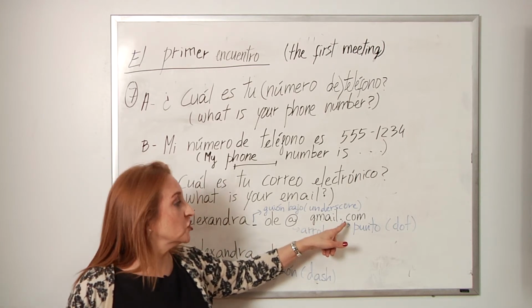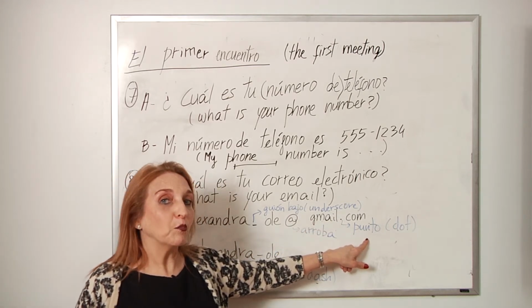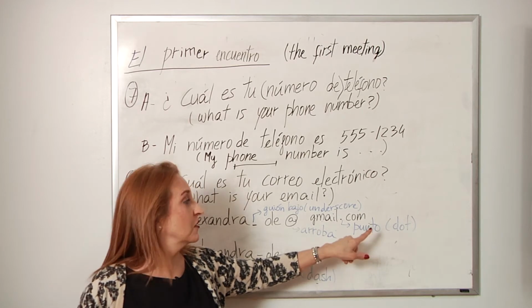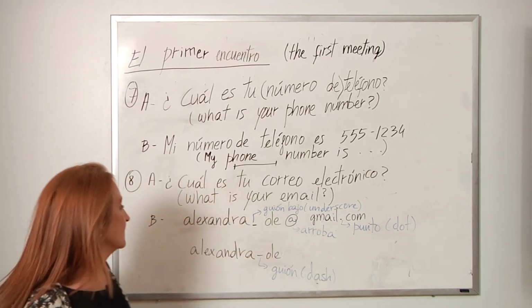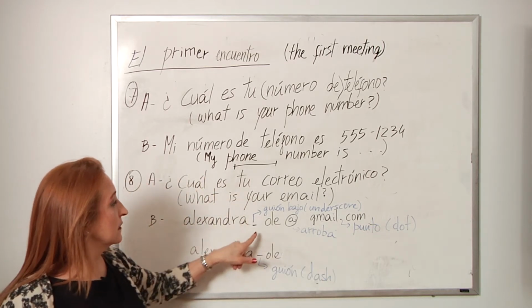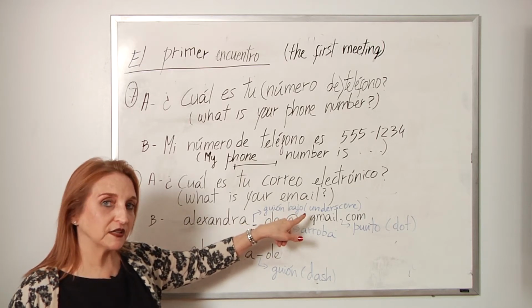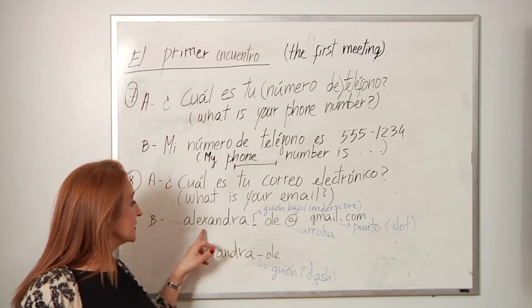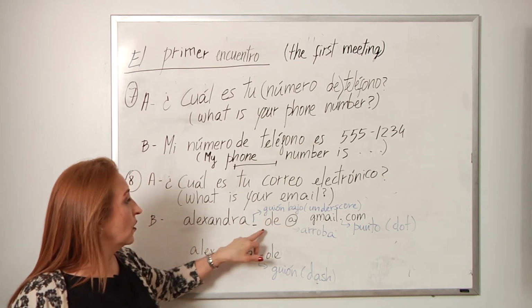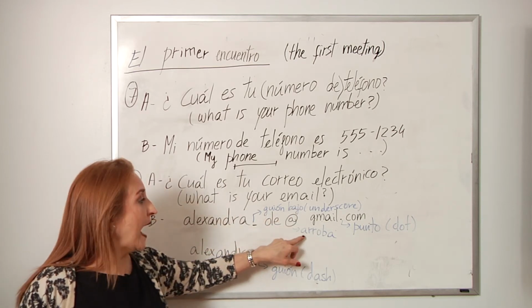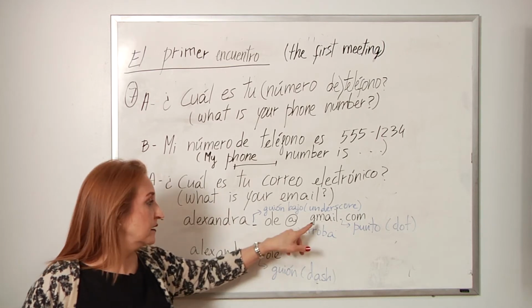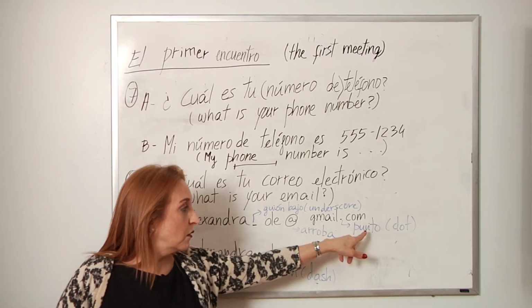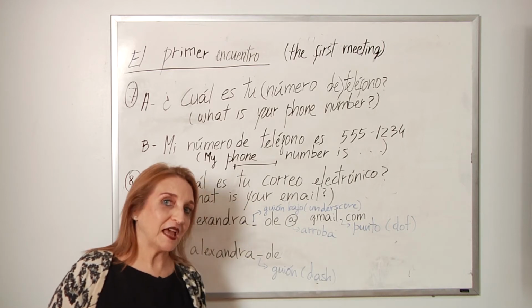Gmail, and dot is punto. Punto. Com. I repeat. Alexandra guión bajo ole arroba gmail.com. Okay, this is fine.